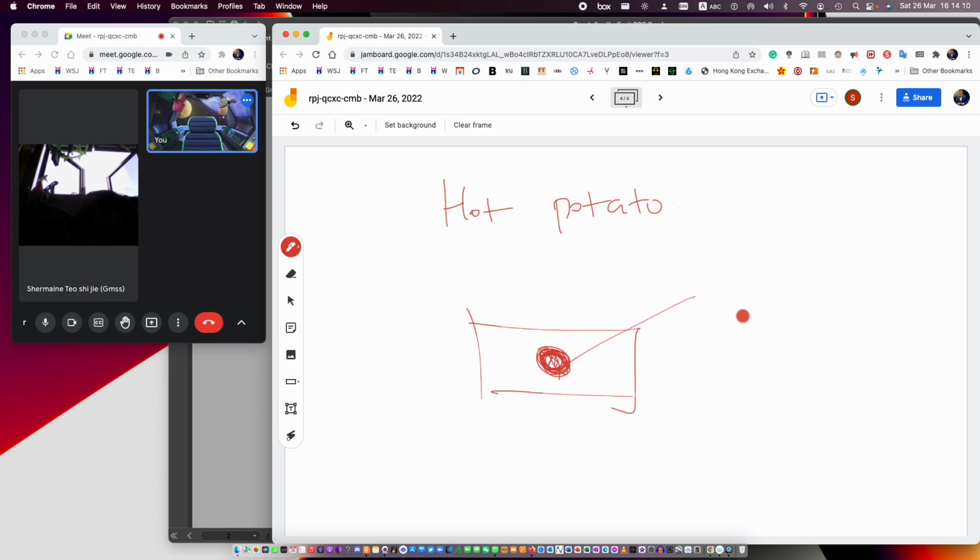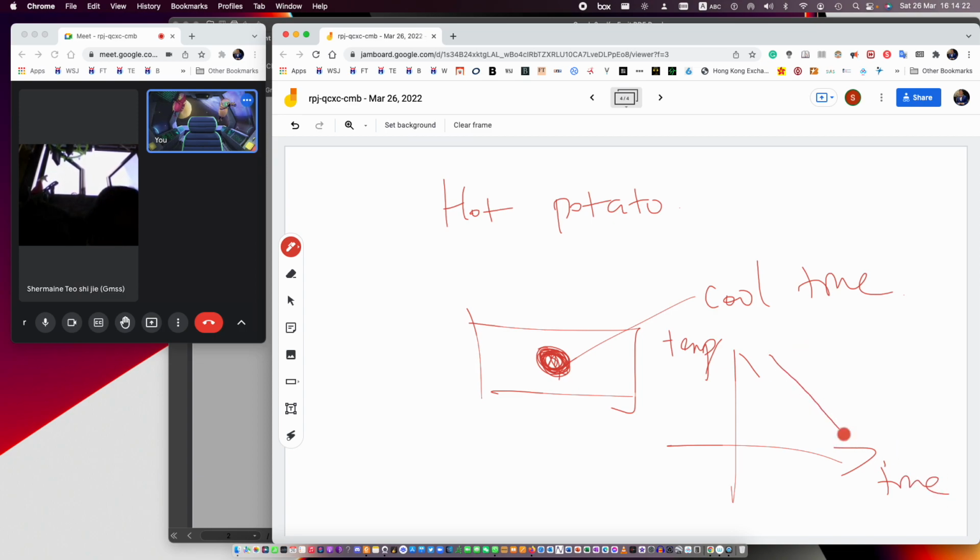So it will cool down after some time, right? Cool down means the temperature will drop. Let's say this is the temperature and this is the time. So the temperature will drop until you go to the room temperature.